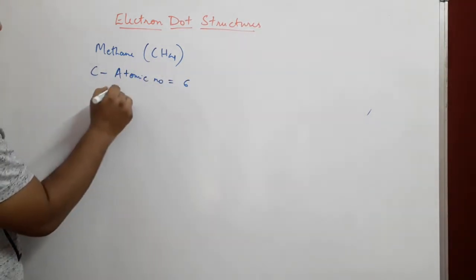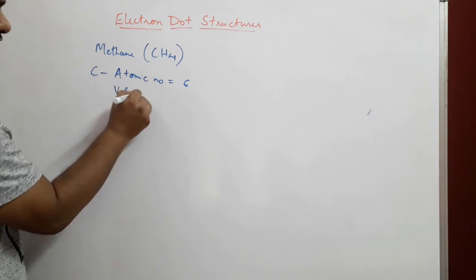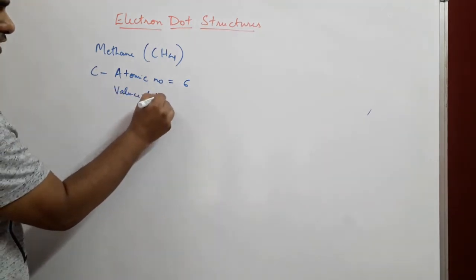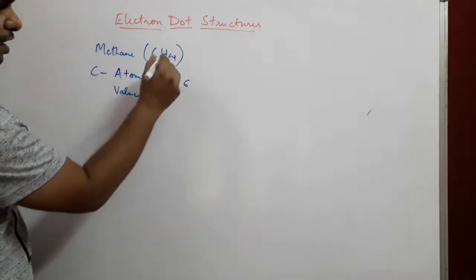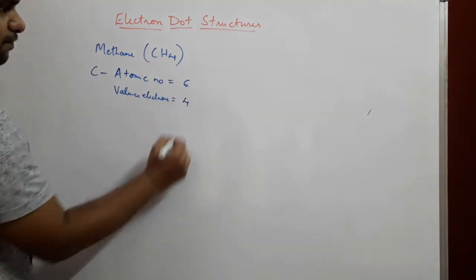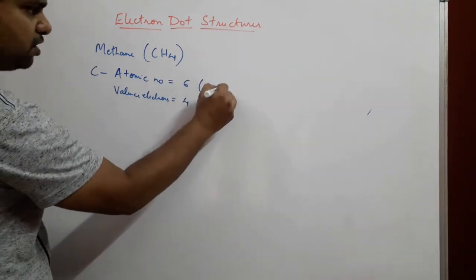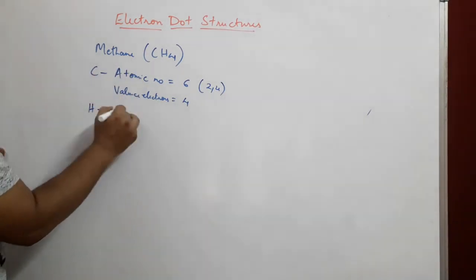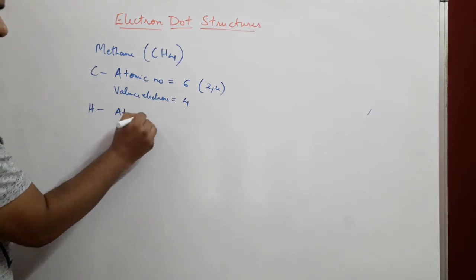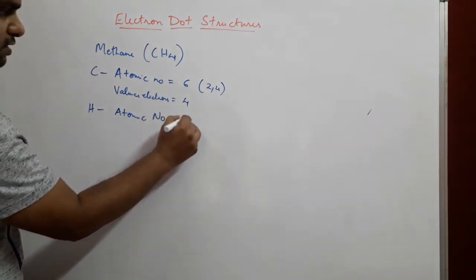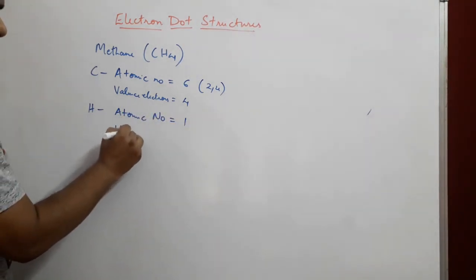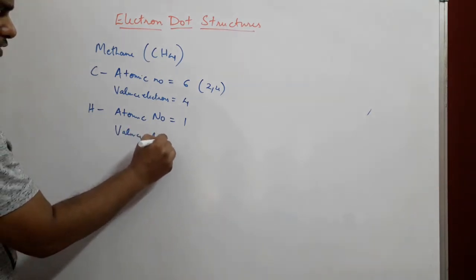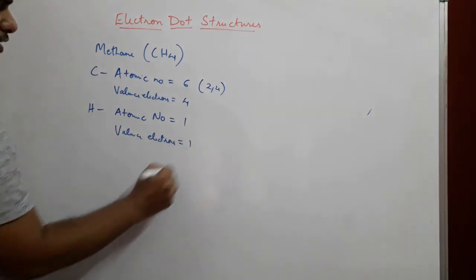And the valence electrons are 4, because the electronic configuration would be 2, 4. In case of hydrogen, the atomic number is 1, and valence electrons are also 1 in this case.